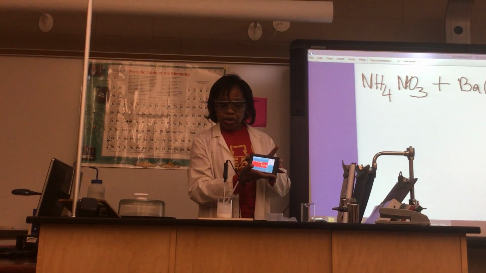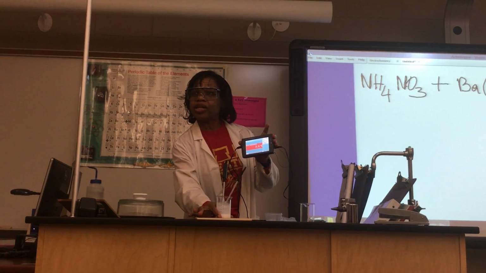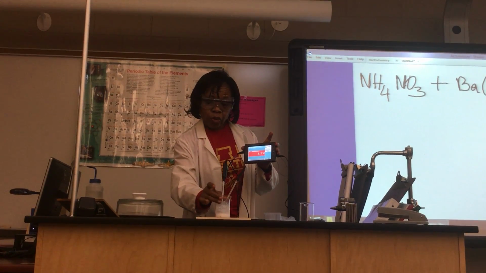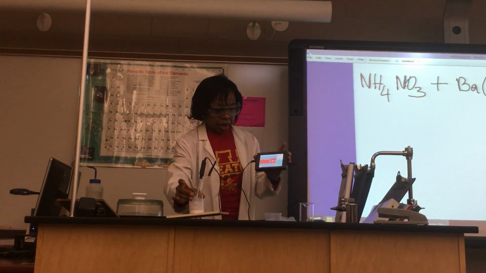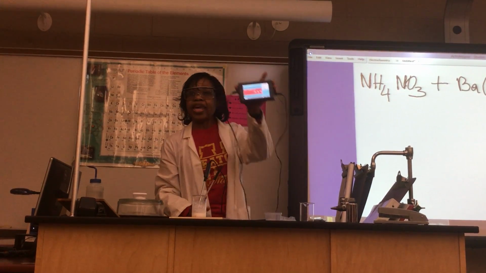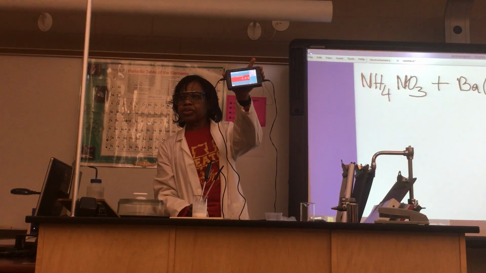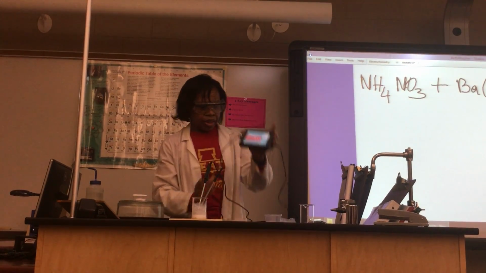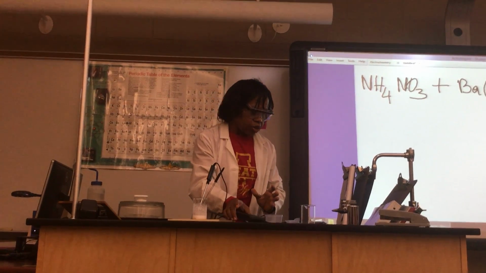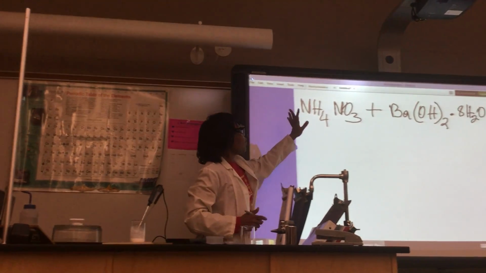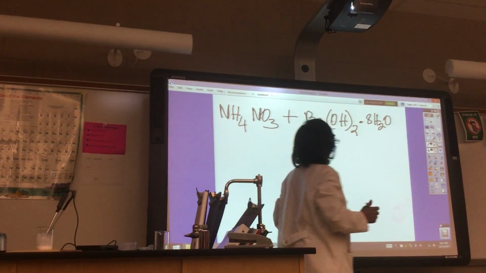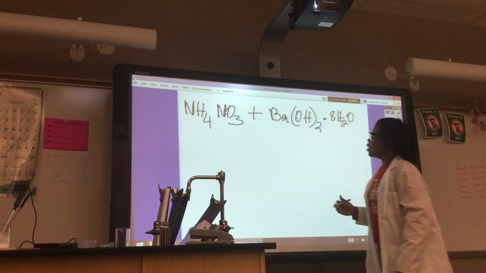So we are now going to write a balanced equation. So if you want, you can come later and see we have a bit of ice in here. The temperature is lower, below 0. Let's write down an equation with what is going on here. So we have ammonium nitrate plus barium hydroxide octahydrate.